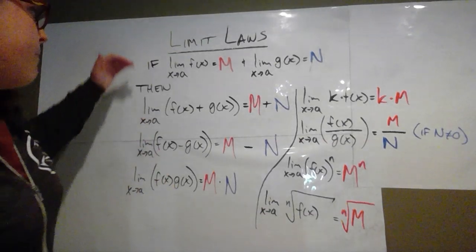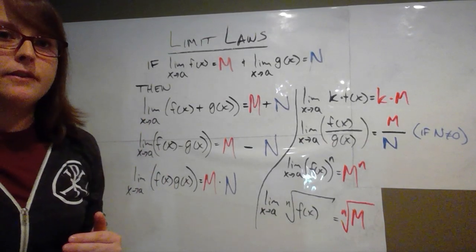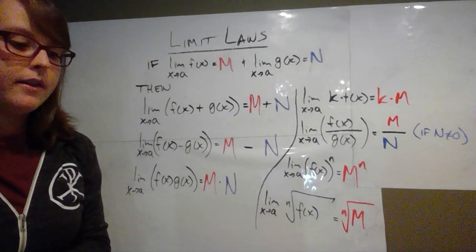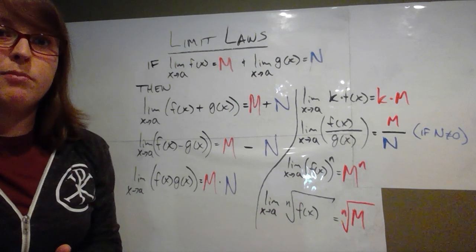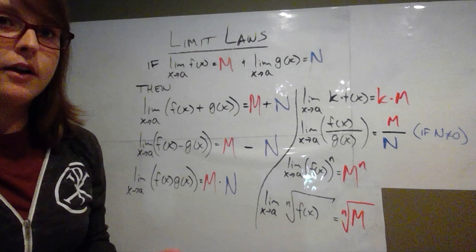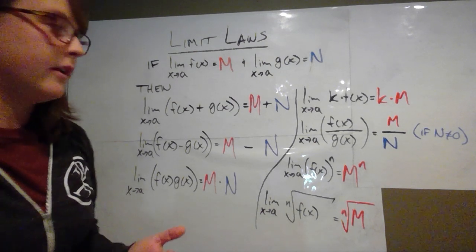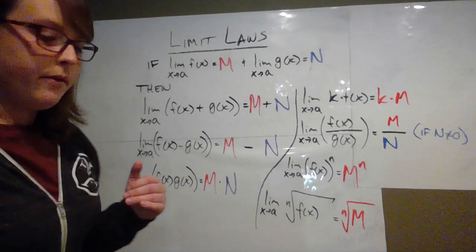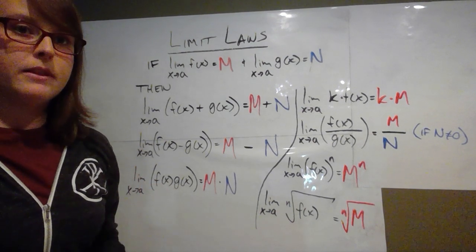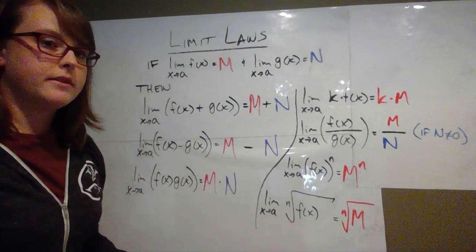So those are a big overview of the limit laws. If you need to write those down, take a picture, anything like that, you can. Or if you just look up limit laws on Google, do an image search, it'll pop right up with all of these. Anyway, these are our limit laws. Now let's do a couple of these types of problems.